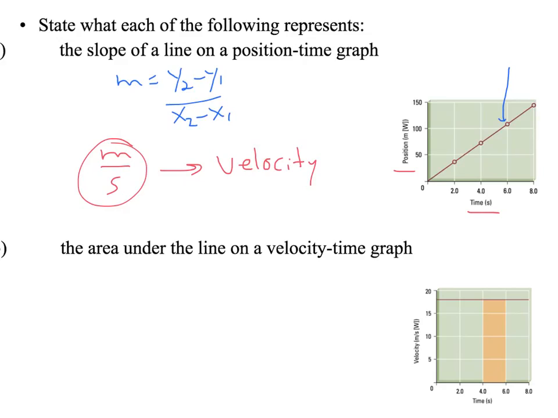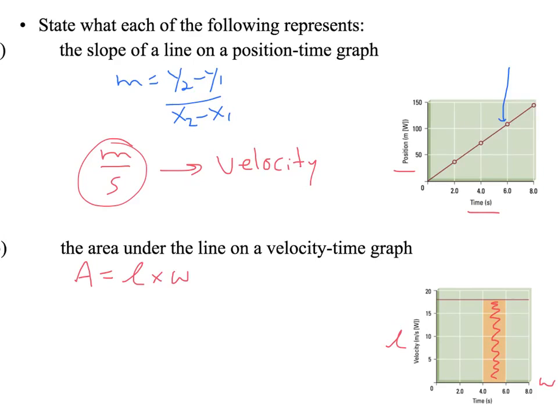B says the area under the line on a velocity time graph. And if we look at it in a similar way, okay, the area, so let's just take a look at this shaded area right here. Anytime we're looking at area, we're looking at area equals length times width. And let's just say that that's length, and down here is width.